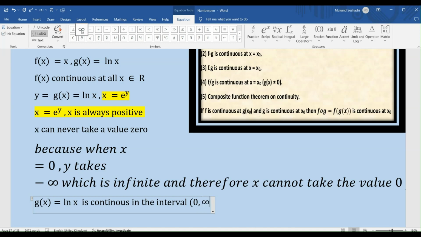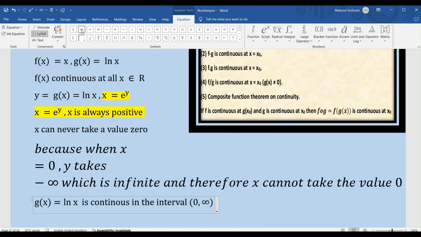And again, a close bracket, infinity, which means g of x equals ln of x is continuous in the interval open bracket 0 to infinity, which means it does not include 0, does not include infinity, right?